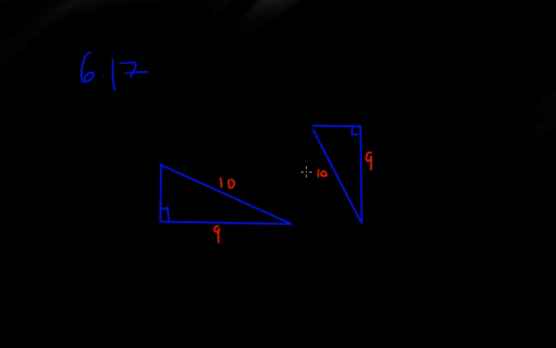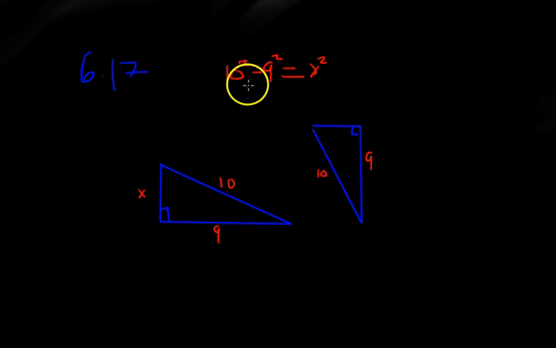Why or why not? The way to find out is, these are right triangles, so let's do the Pythagorean Theorem. 10 squared minus 9 squared is equal to x squared.